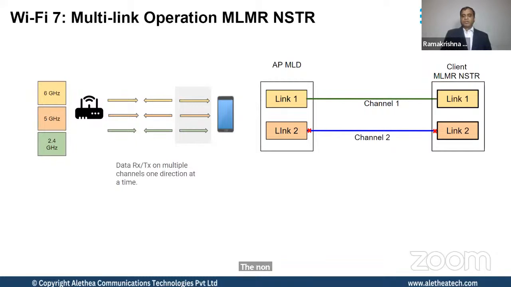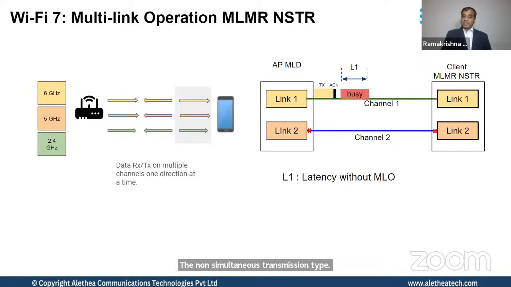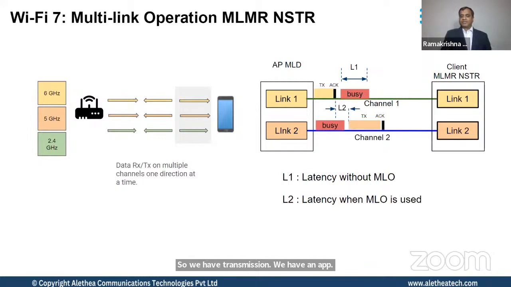Okay. So we will just discuss the same scenario in a little more detail, the way it happens with messages. We have transmission, we have an ACK, it's busy, and it can transmit on the other channel, just like how we have seen in the STR case.